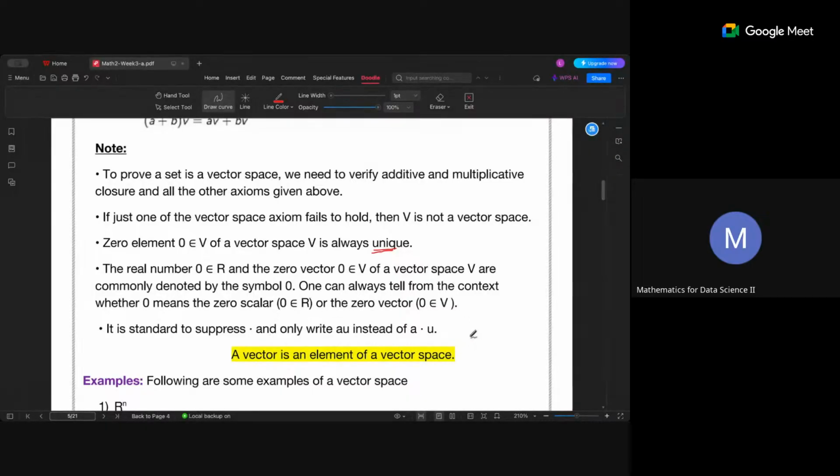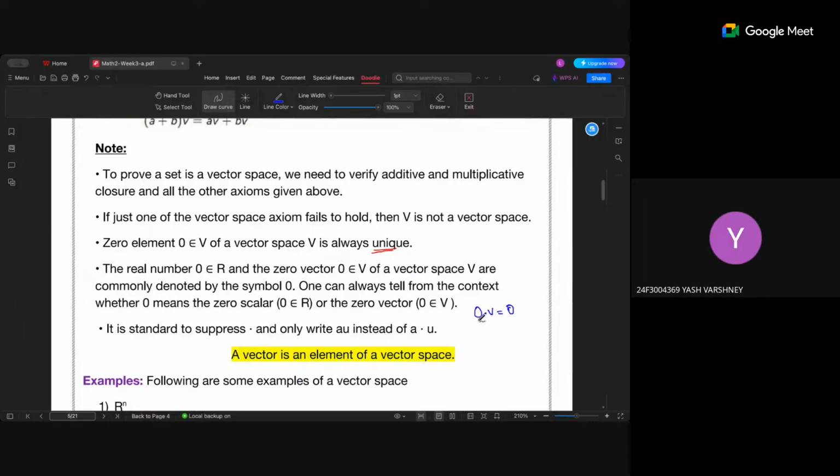So for example, let me see how many of you really understand how to identify this. What is this 0 and what is this 0? Can you tell me?